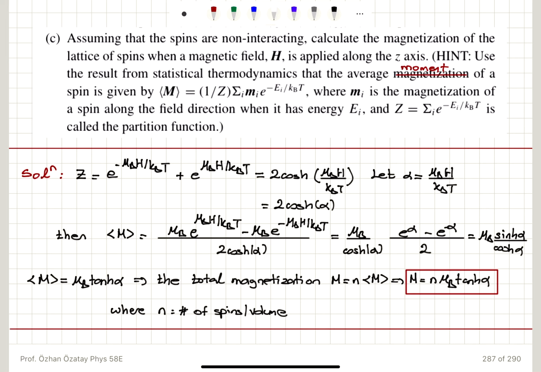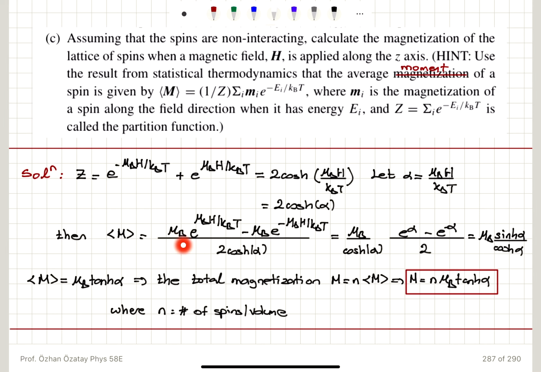We can calculate the average moment per spin by using statistical thermodynamics. Basically, the moment multiplied by its corresponding Boltzmann factor, e to the minus E_i over kT, the corresponding energy over kT.